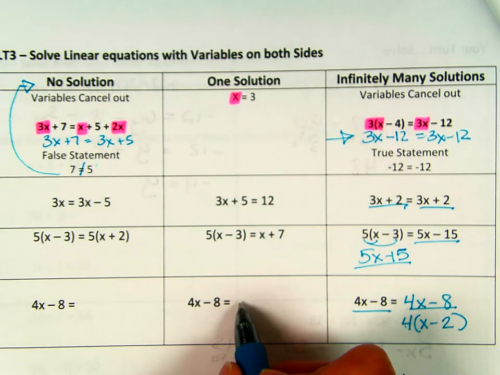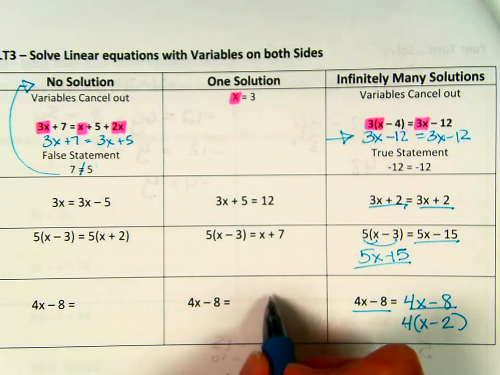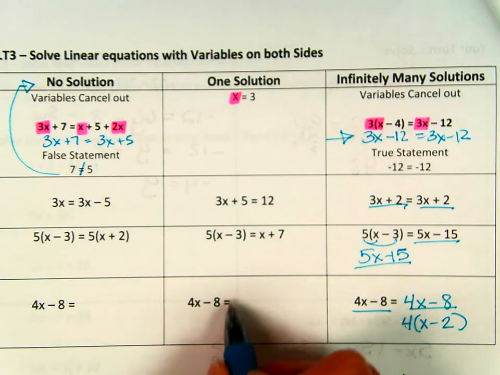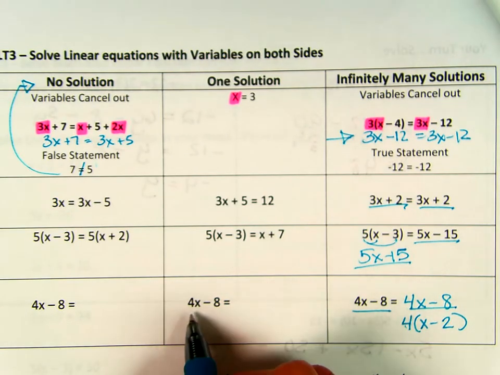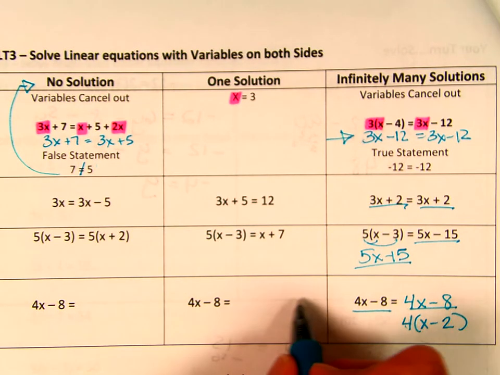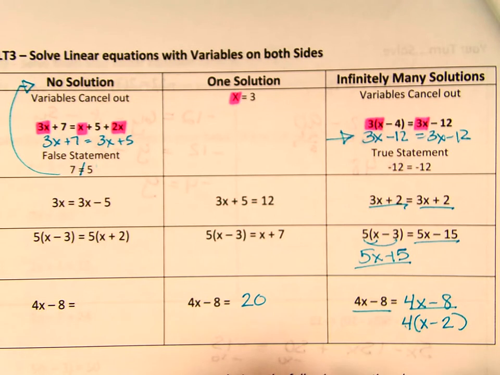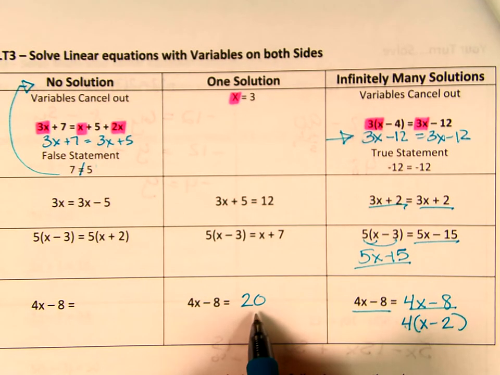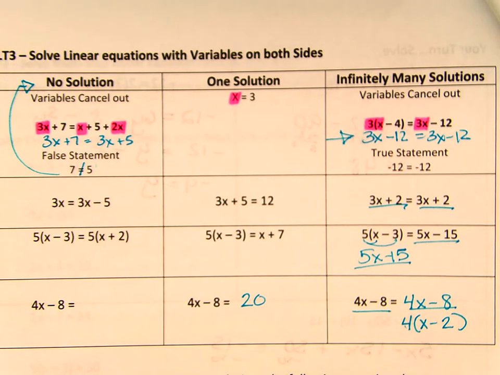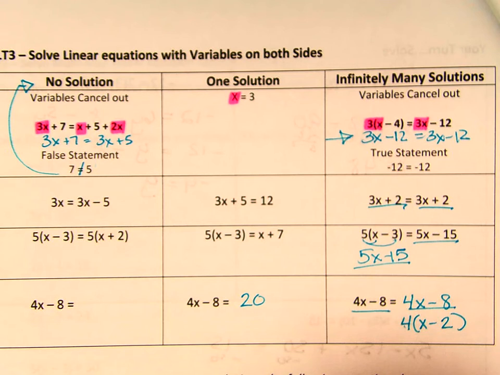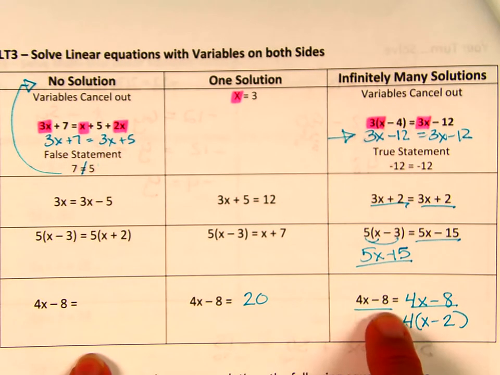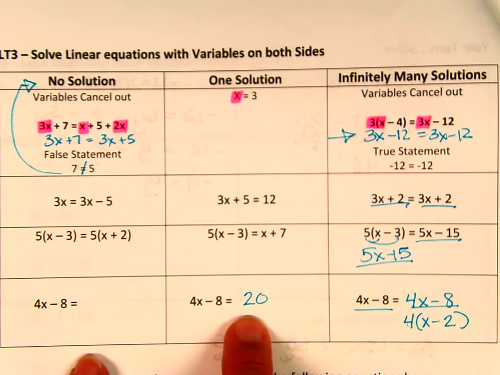In this case, you could put a lot of things here. The only thing you can't have on the right side is a 4x. Anything else is acceptable. You can put x plus 7. You could just put 20. You could put anything, but you cannot have a 4x over there, because then the variables on both sides would be the same, and that's a big no-no, because that happens in these two cases, but it does not happen in this case.